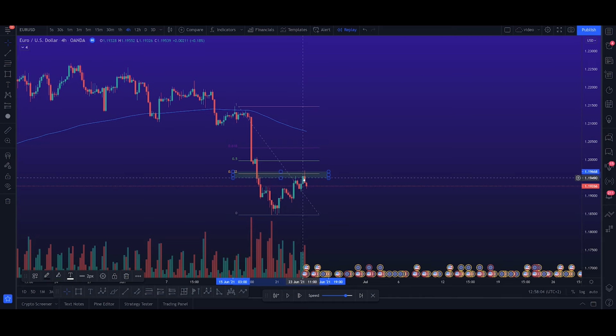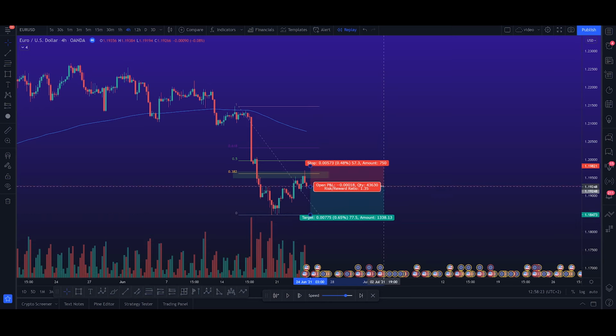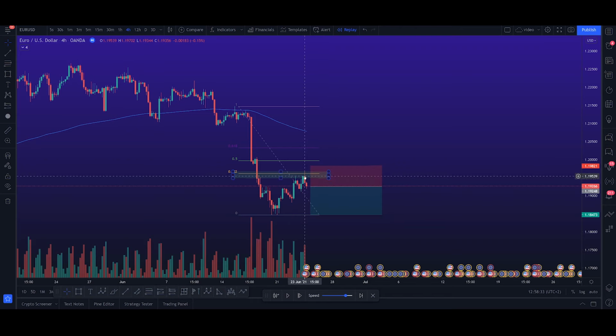I think that I can start a short position right here, so I'm going to plot it, somewhere around here, with a stop loss around here, and the take profit around here. The risk reward ratio isn't great, but it is doable, and I have a lot of chances to take profit on it. So I've had two rejects.